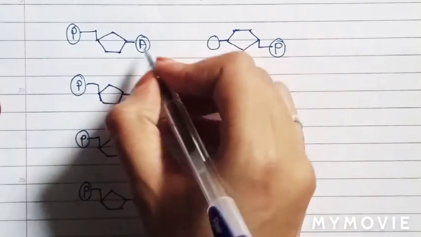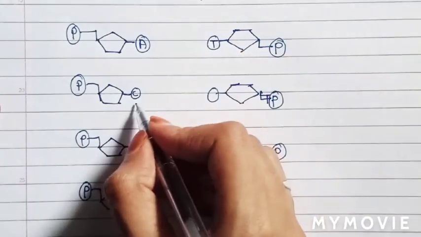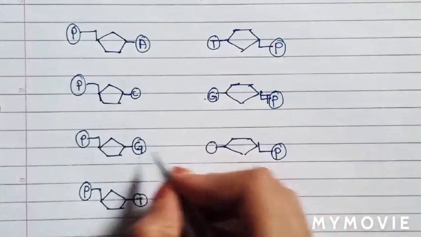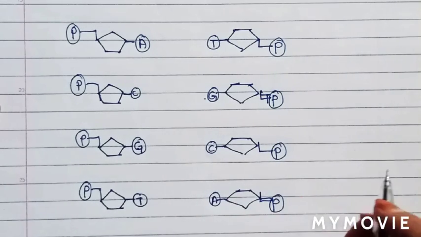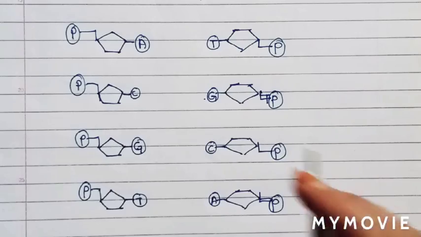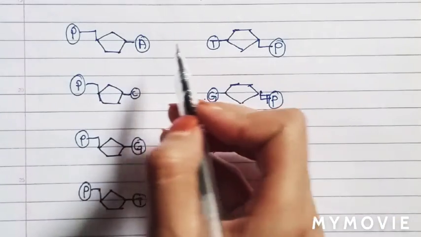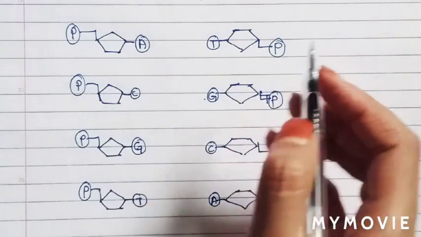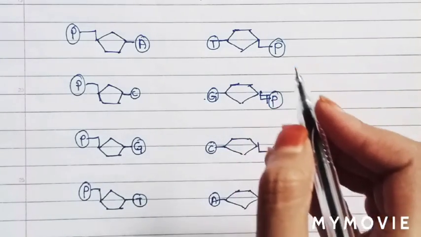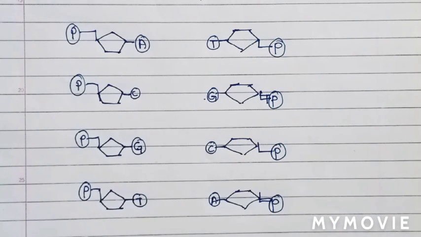So we will write here: adenine will pair with thymine, cytosine with guanine, guanine with cytosine, thymine with adenine. This is in case of DNA. In case of RNA, adenine will pair with uracil and uracil will pair with adenine, vice versa.